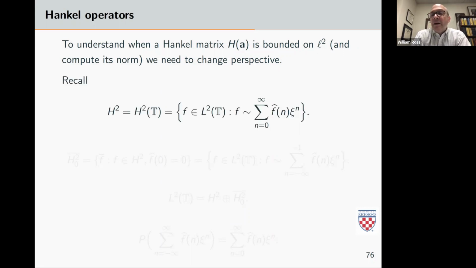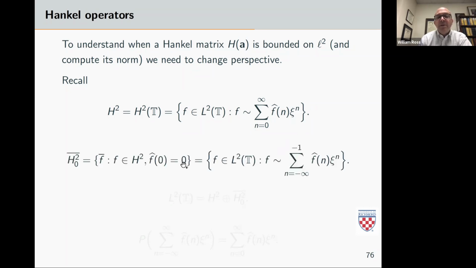Just as a little review and a re-emphasis: H2, I want to think of this on the circle. These are the L2 functions with only positively indexed Fourier series. You can also think of these as square summable power series, and you get analytic functions on the disk.